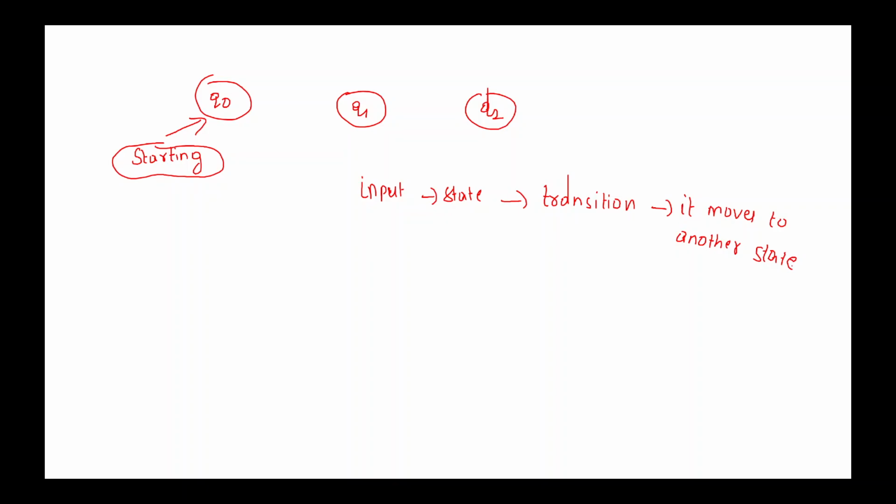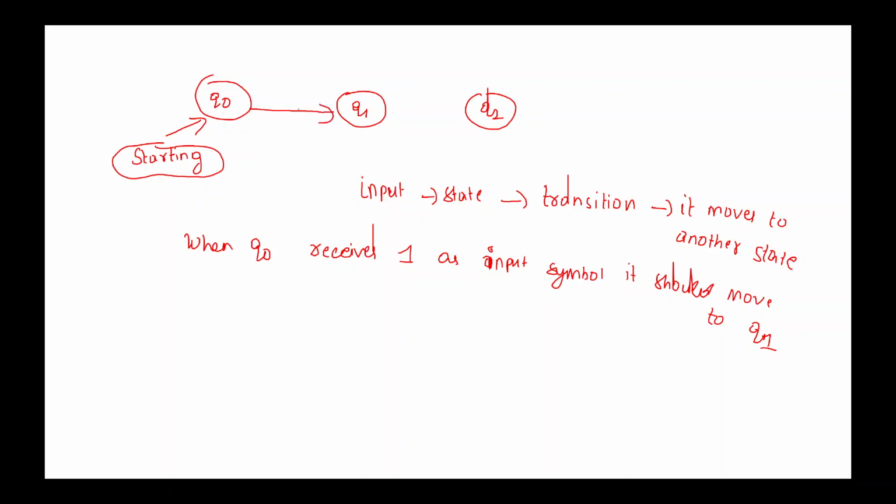For example, if I say when Q0 receives 1 as input symbol, it should move to Q1. So what does this mean? How should I represent this in the DFA model? For the arrow symbol, I am saying that this is the starting state. But when I say Q0, when it receives 1, it should move to Q1. This is represented like this.